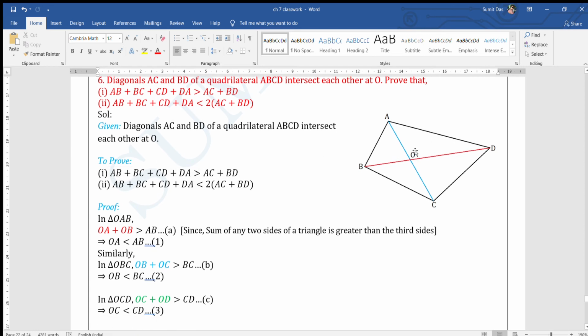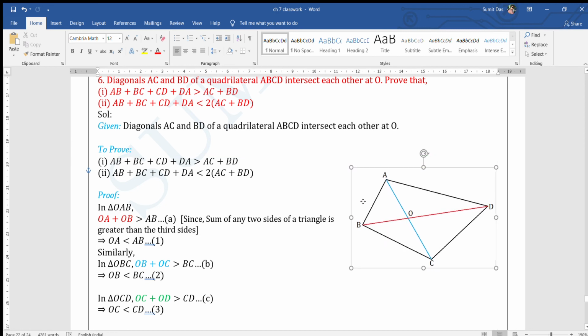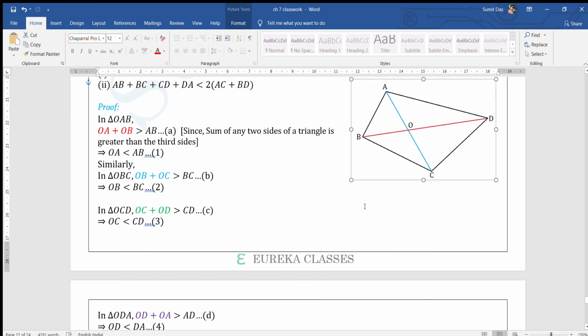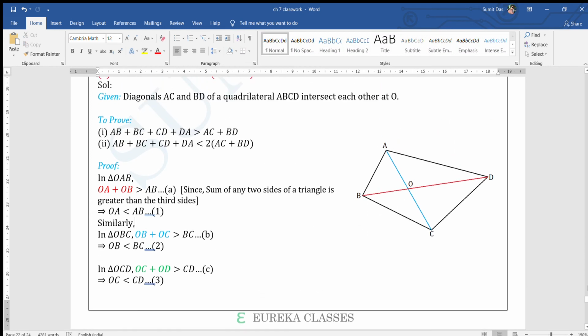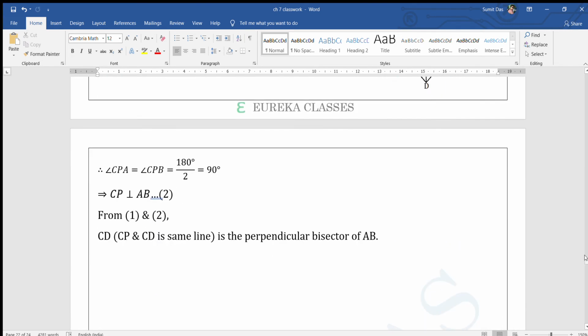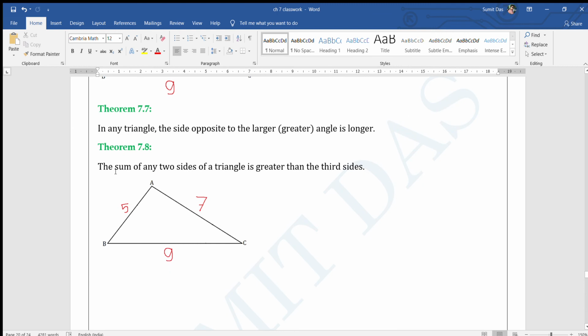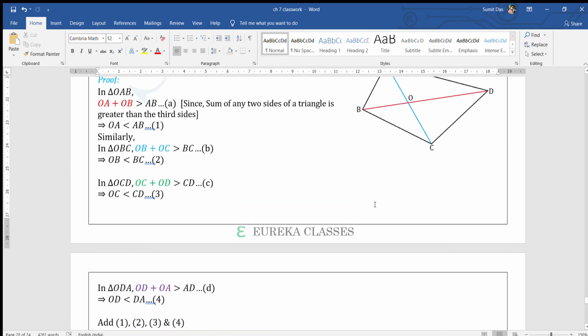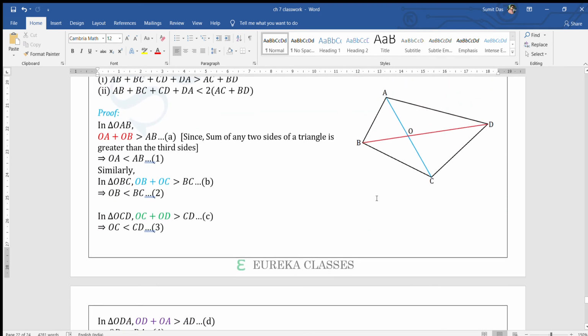Now come to the proof. In the proof, you can see in triangle OAB, let's see triangle OAB. I hope you remember Theorem 7.7. Theorem 7.7 we will use here: the sum of any two sides of a triangle is greater than the third side.